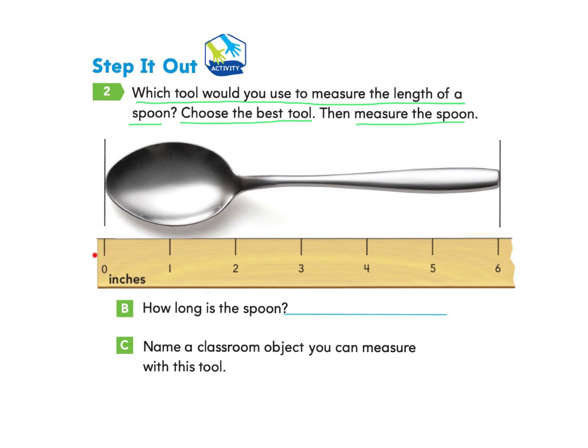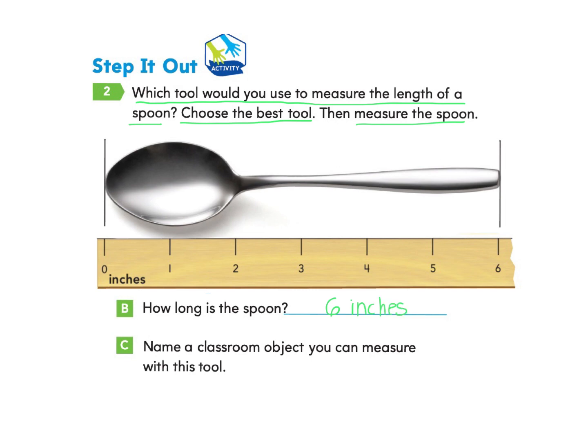Remember, I don't start here at the edge. I always look for the line that says 0 on my inch ruler. Then I lay it down flat and I go to the very end of the spoon and I see that it ends right here at 6 inches. So I can answer 6 inches.